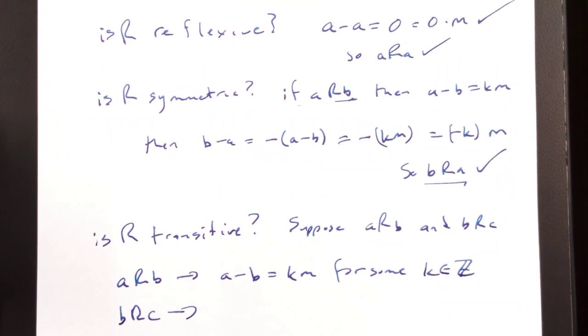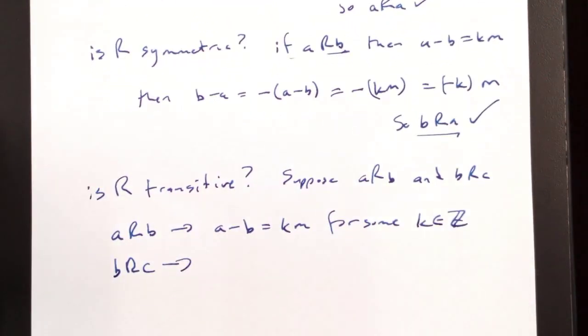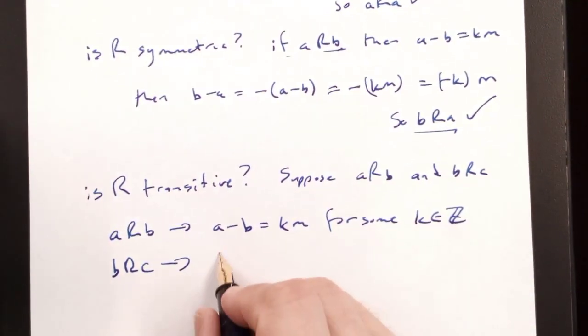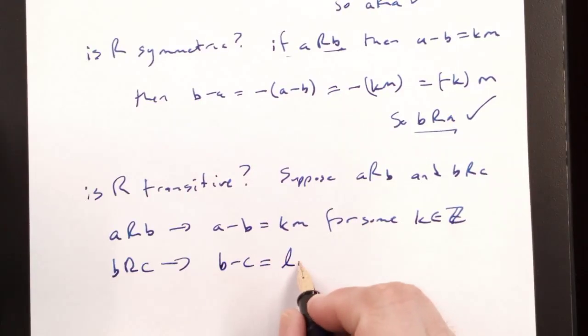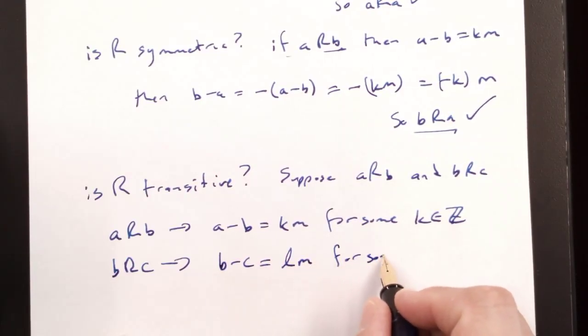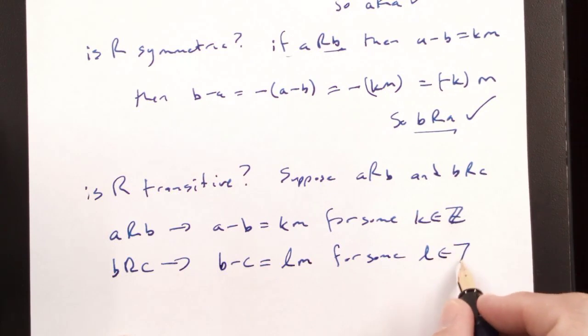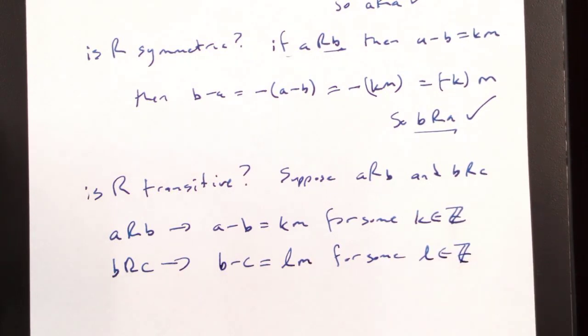B is related to C means, I've got to be careful here. I don't know if it's the same integer, right? That means that B minus C is Lm for some L in Z. What is my goal? If A is related to B and B is related to C, then A minus C equals a multiple of m, so A is related to C. Somehow I've got to get A and C to make this obey, right?